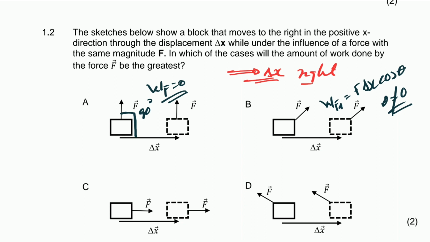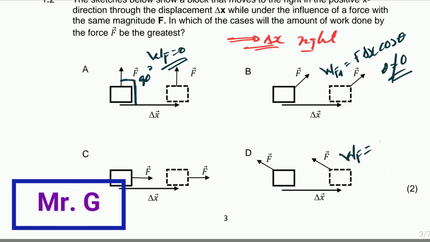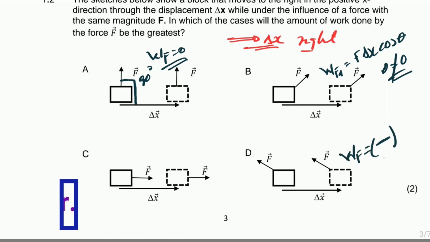different than 0. If we go to D, for instance, there you will see that it's in the opposite direction. So therefore, this work done by the force is going to be a negative work done. It's going to be negative. And this one here, the angle is equal to 0. You know that cos 0 degrees is equal to 1.